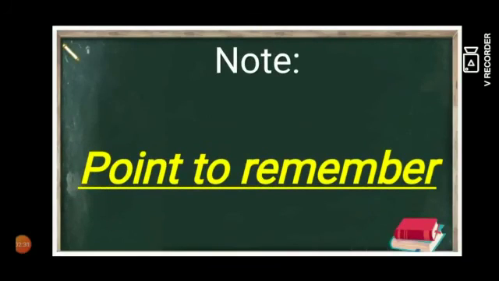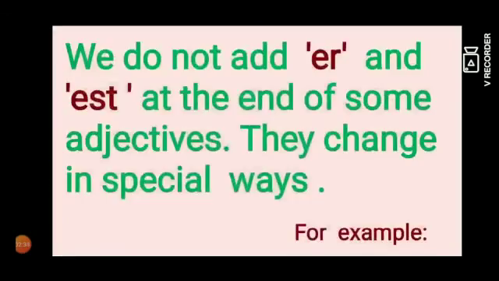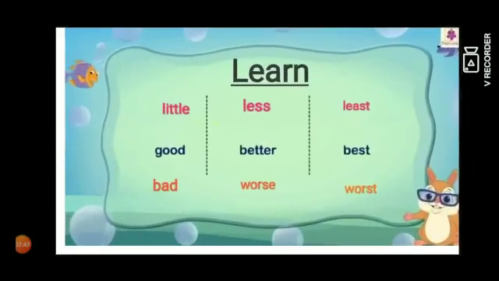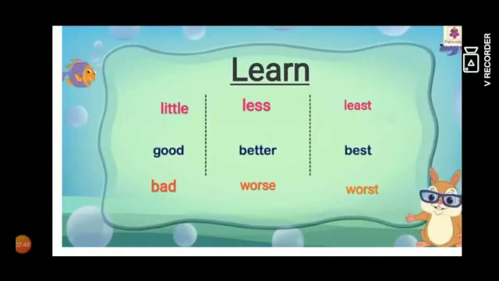Now children, there is a very important point to remember, that we do not add er and est at the end of some adjectives. They change in special ways and we need to learn such adjectives. For example, little, less, least, good, better, best, bad, worse, worst.